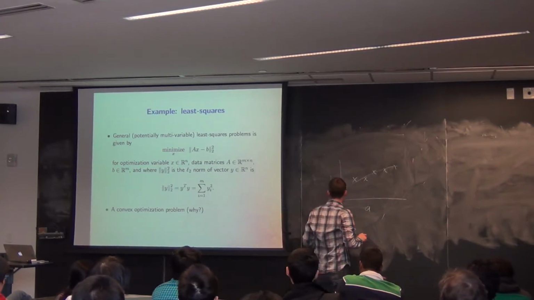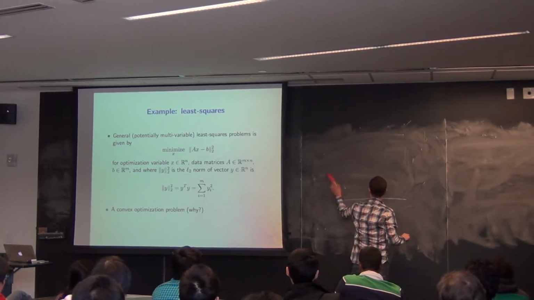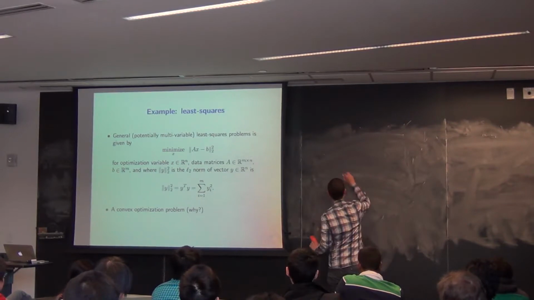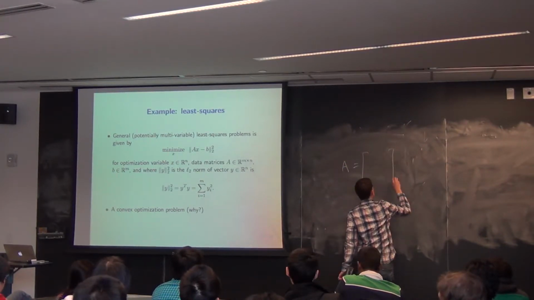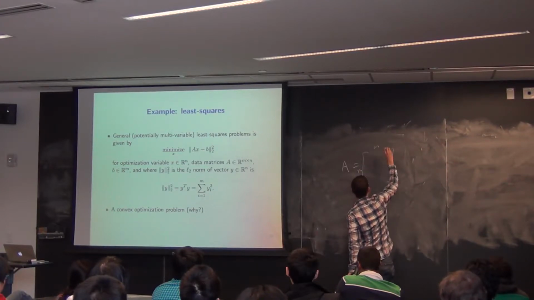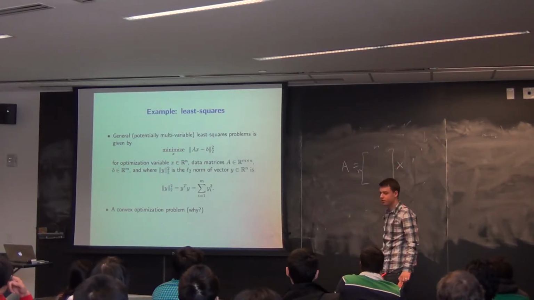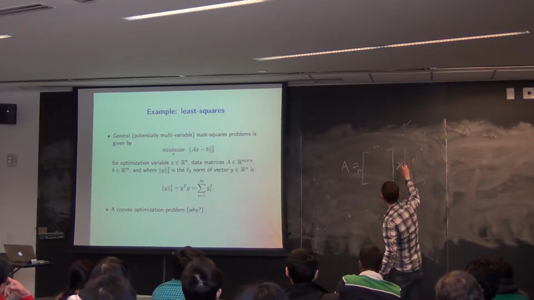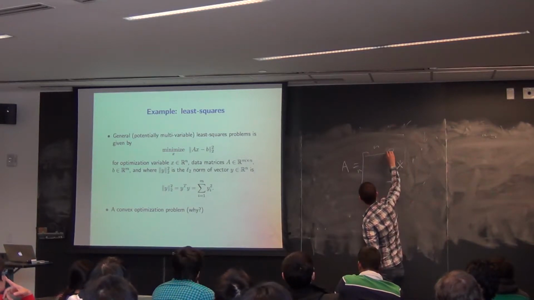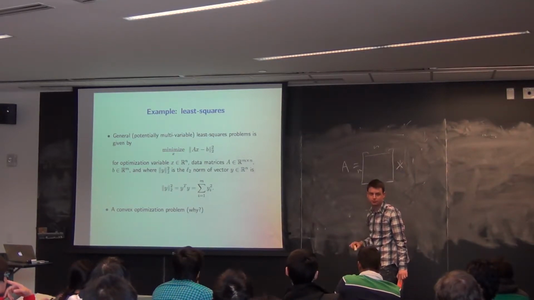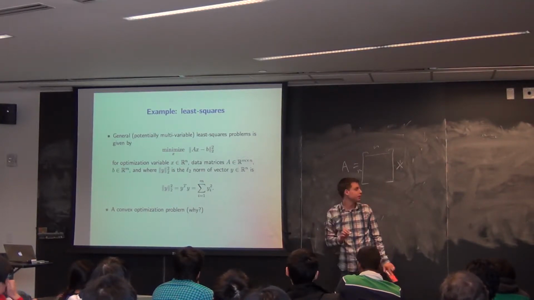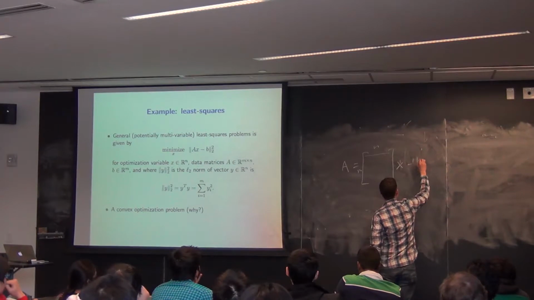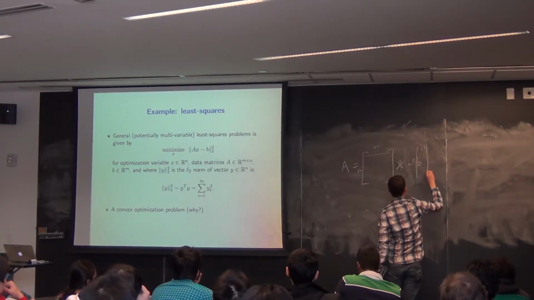Now, first of all, why is that the same thing? What that is saying is I have a matrix A with m rows and n columns, and I'm multiplying it by x. That takes the inner product of the first row of A and the vector x, and subtracts off the first element of this vector b.